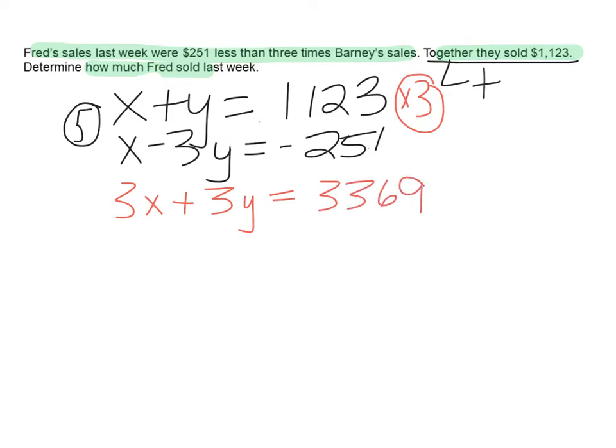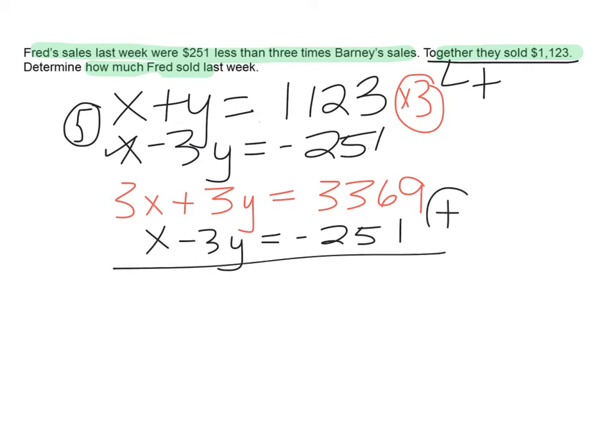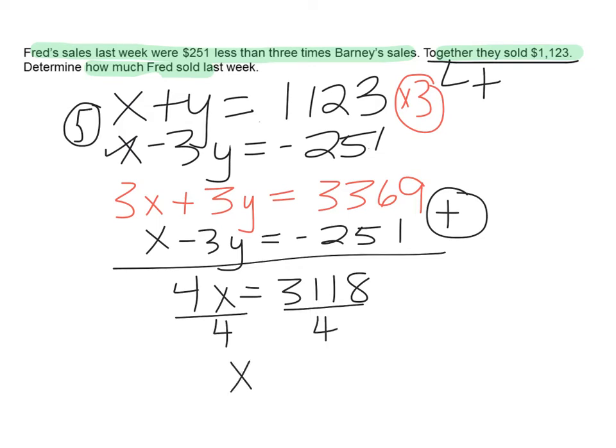And using our equation right here, x minus 3y is equal to negative 251. So if we add those two equations together, we will get 4x is equal to 3,118. Divide both sides by 4. X comes out to be 779.50.